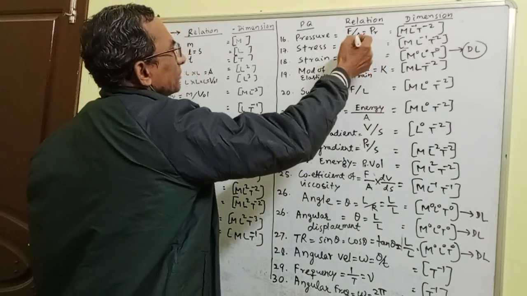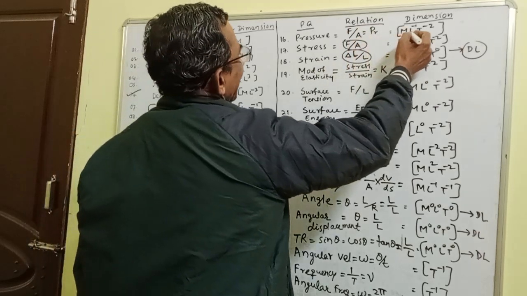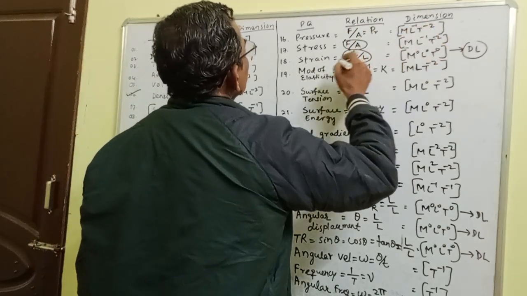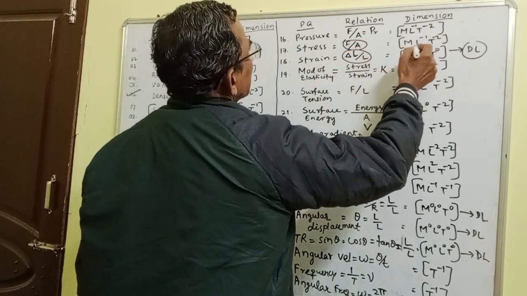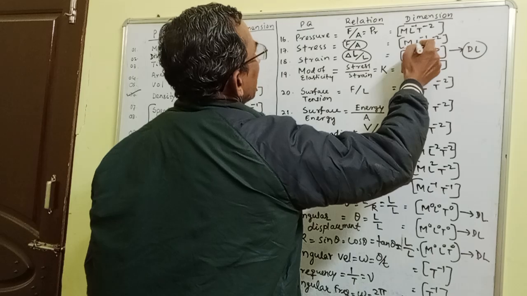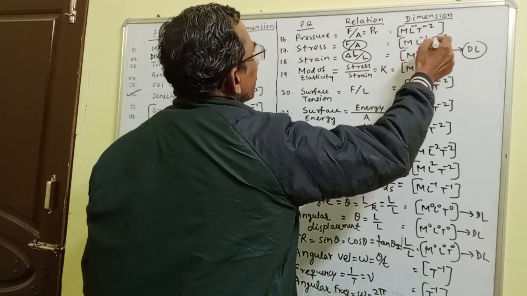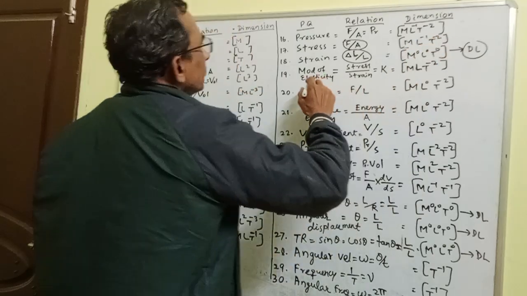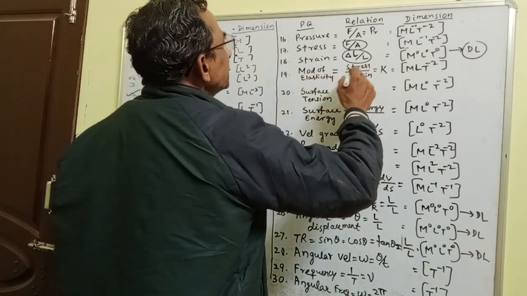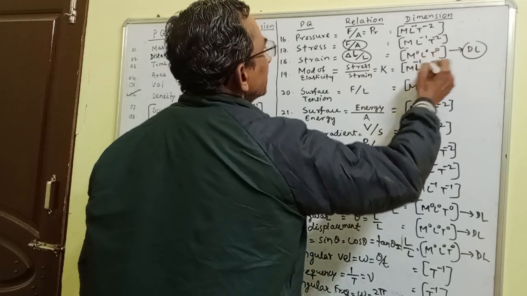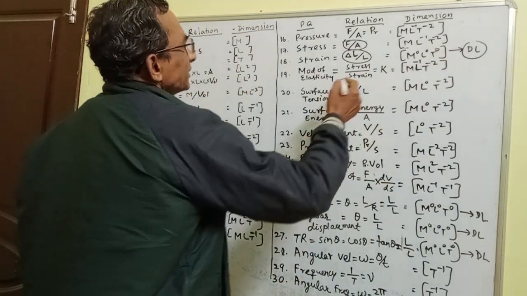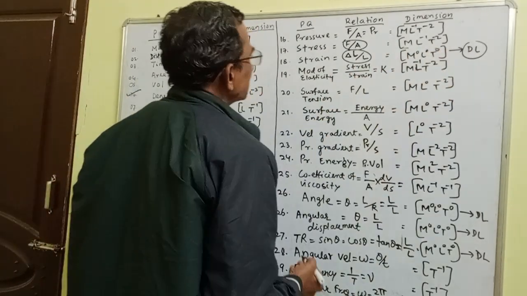Then pressure is force per area or ML minus 1 T minus 2. Stress is again force per area, and then it becomes ML minus 1 T minus 2. Now, modulus of elasticity, stress by strain, hence it becomes ML minus 1 T minus 2 because strain has no dimension.